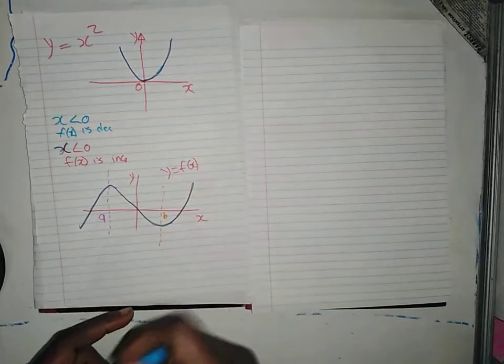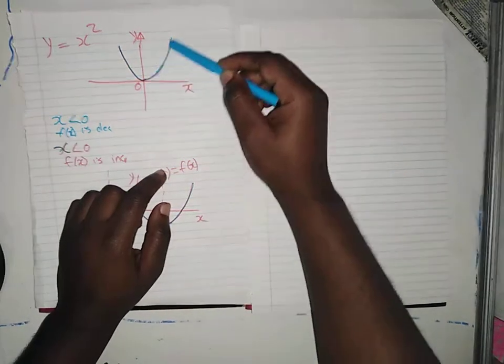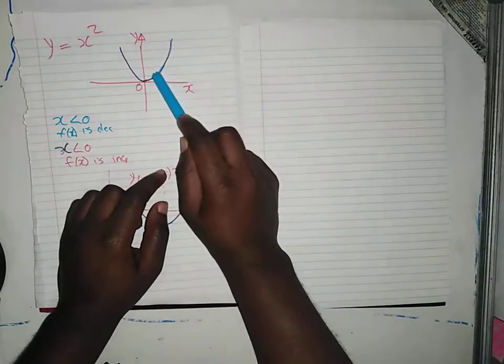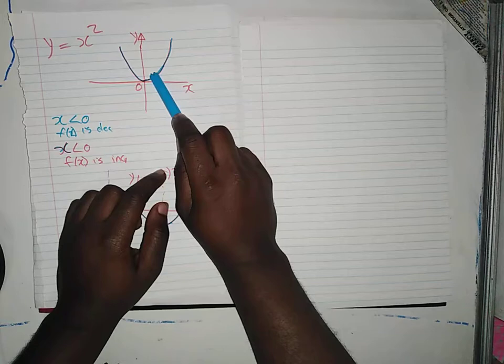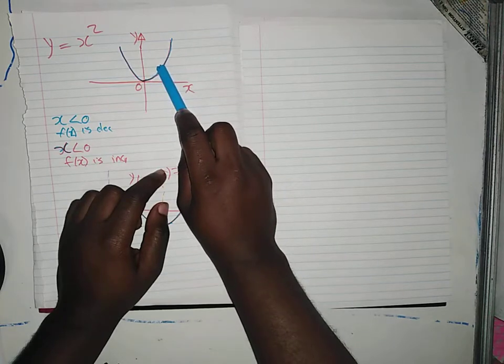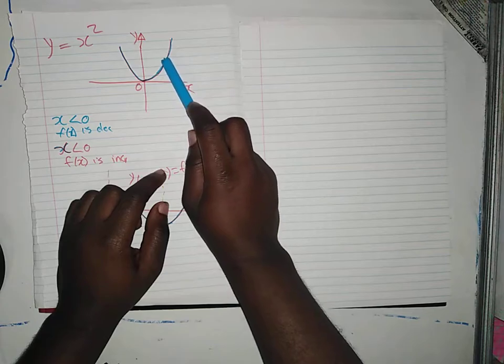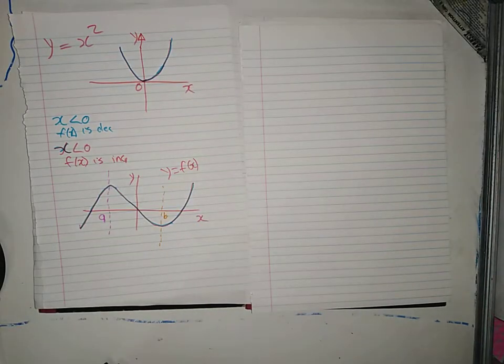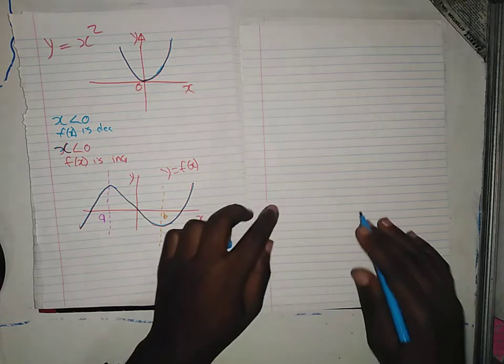Now, when you have an increasing function between 0 and positive infinity, it means at this point f at x is increasing. At this point f at x is increasing. At this point f at x is increasing. And that leads us to a very, very important observation. Now, what is that observation?